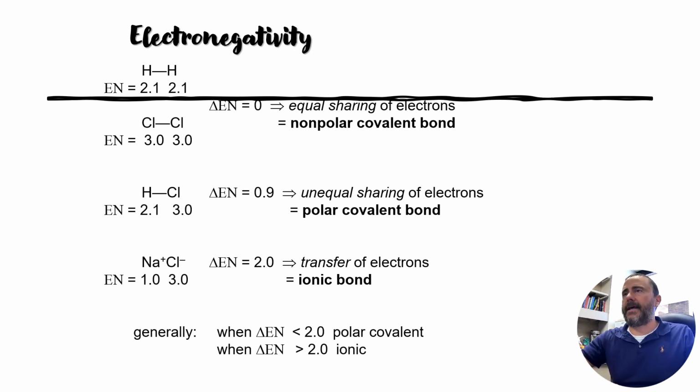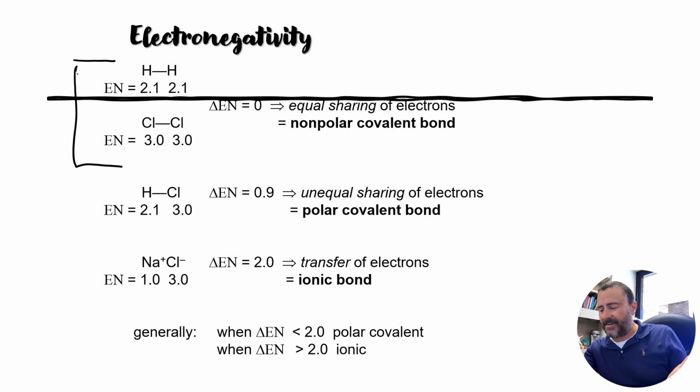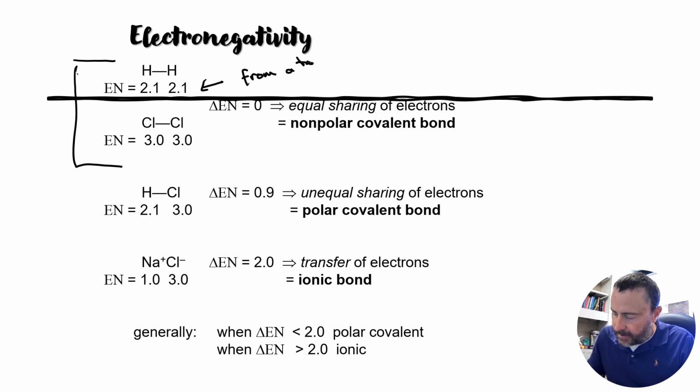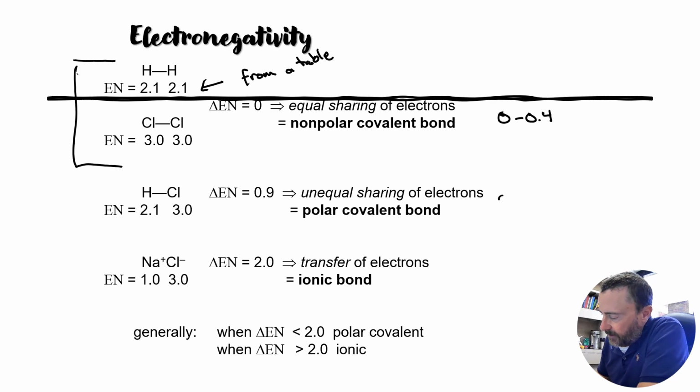Okay, so again, here I've got hydrogen and hydrogen, 2.1 and 2.1, those values from a table. You would have to be given these values in order to solve these things. But again, if they're between 0 and 0.4, they're nonpolar covalent. 0.4 to 2.0, they're polar covalent.